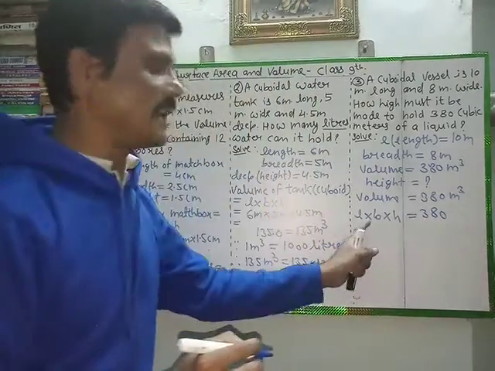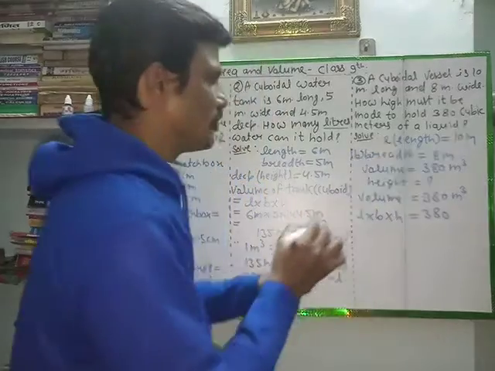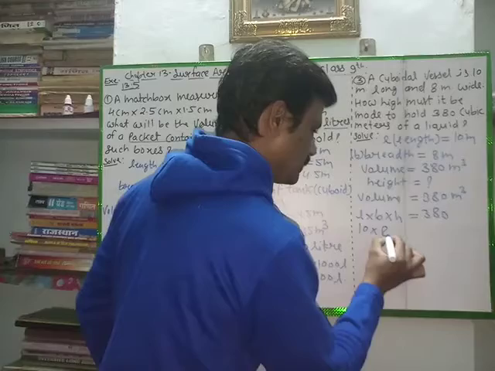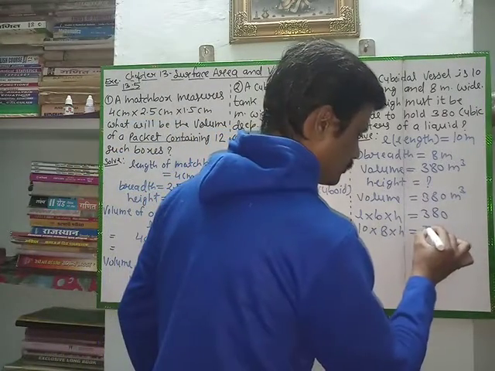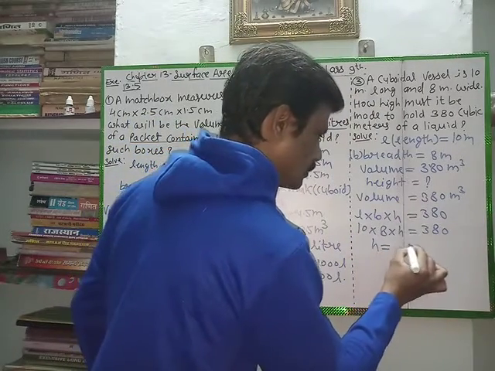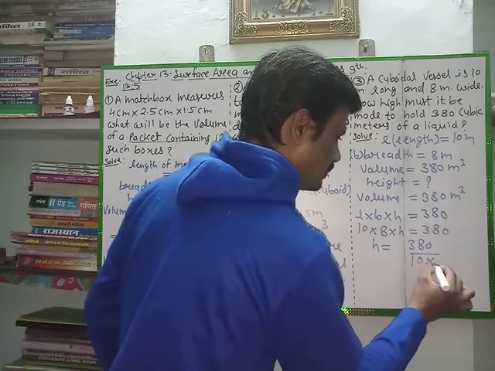Put the value of L and B here: L is 10 multiply with B is 8, and H will remain same. We have to find this value. So H is equal to 380 upon 10 multiply with 8.